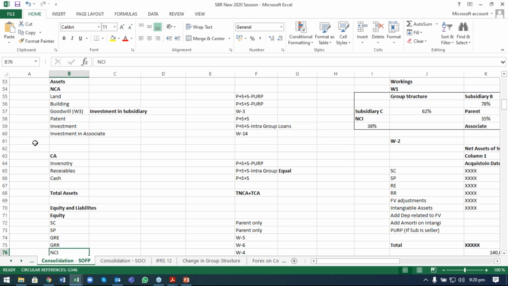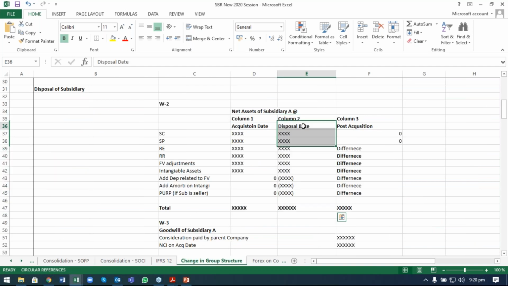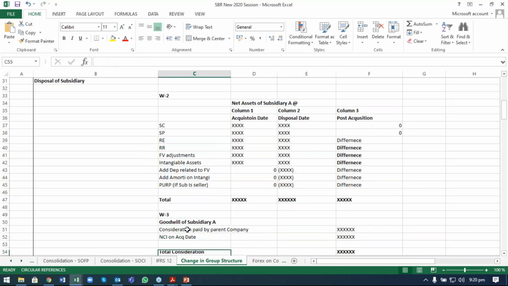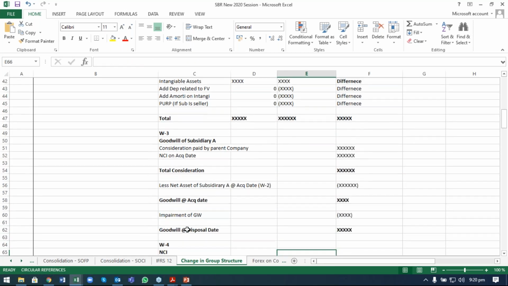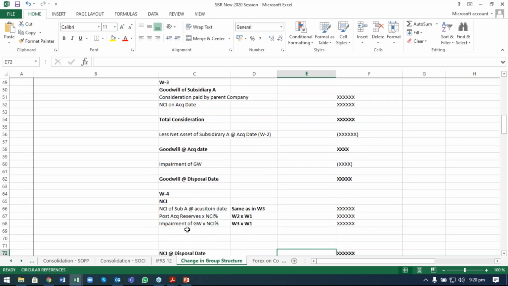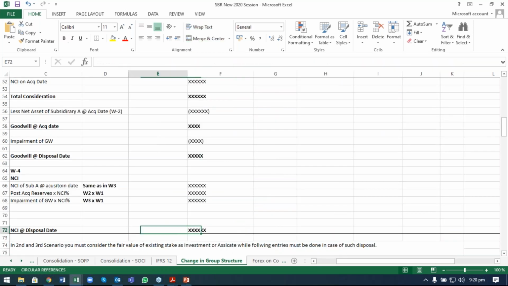So we have three items recorded upon the acquisition of a subsidiary within the group financial statement. Even on disposal, we have to remove those three things. One is the net assets of the subsidiary on the disposal date. The second is the goodwill of the subsidiary on the disposal date, and the third is the NCI, non-controlling interest, of the subsidiary on the disposal date.